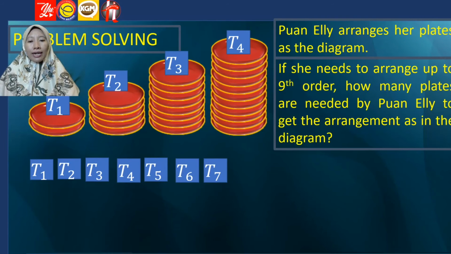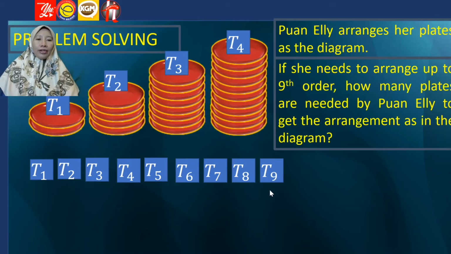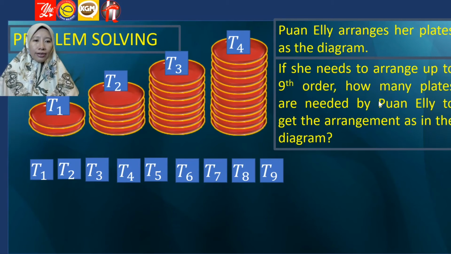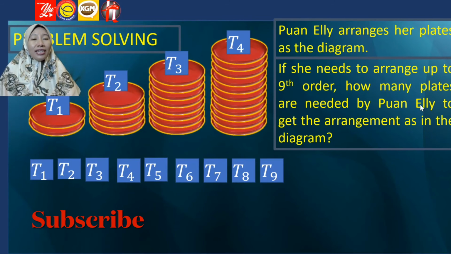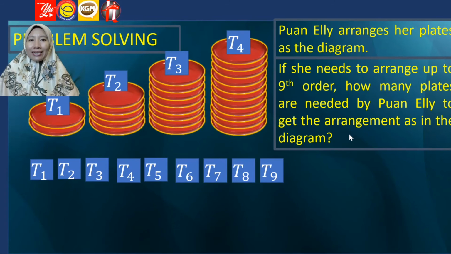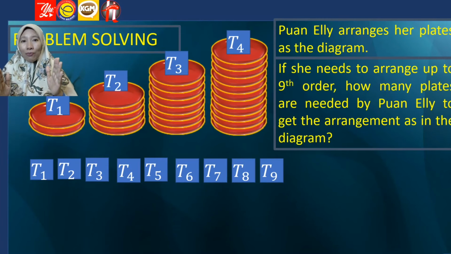We need to get what are the numbers for all terms from T1 until T9. Now you must understand the question. She does not only want the number for the 9th or terms number 9. She needs to know the total number of plates if she were to have 9 arrangement of plates.